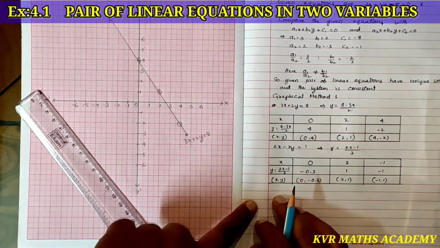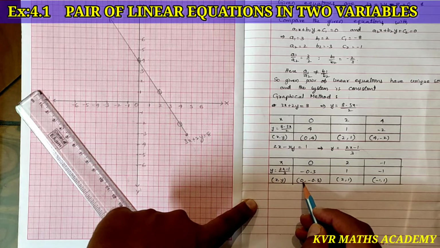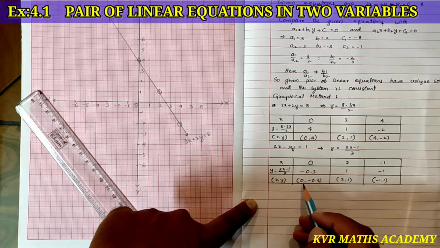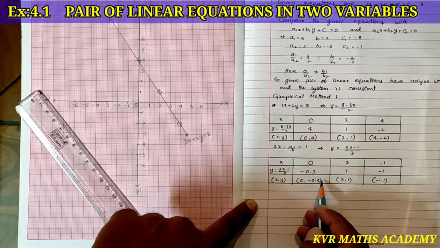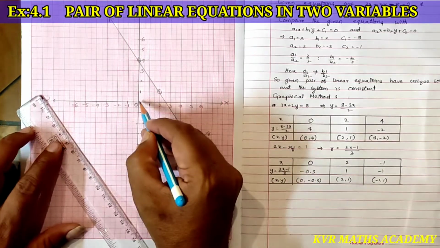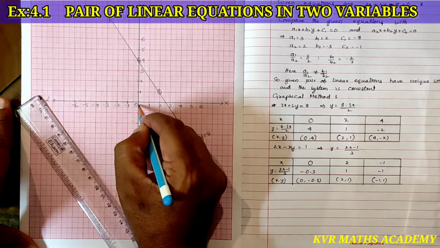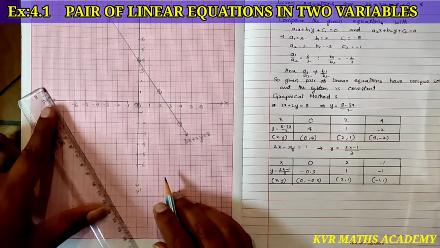Next, the second equation, 2x minus 3y is equal to 1. The obtained points are 0, minus 0.3; 2, 1; and minus 1, minus 1. Let us plot the points on the graph sheet. First, 0, minus 0.3. So x is 0, y is minus 0.3 here, 1, 2, 3, so 0.3, right?